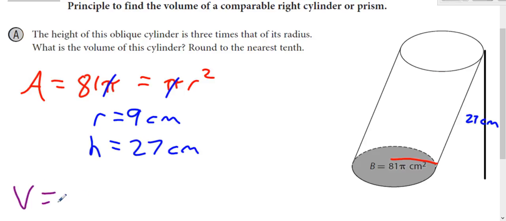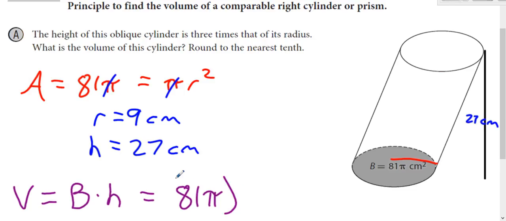So the volume, which is the area of the base times the height, the area of the base is 81 pi, and the height we just found was 27. It says round to the nearest tenth, so we will use 3.14 for pi.